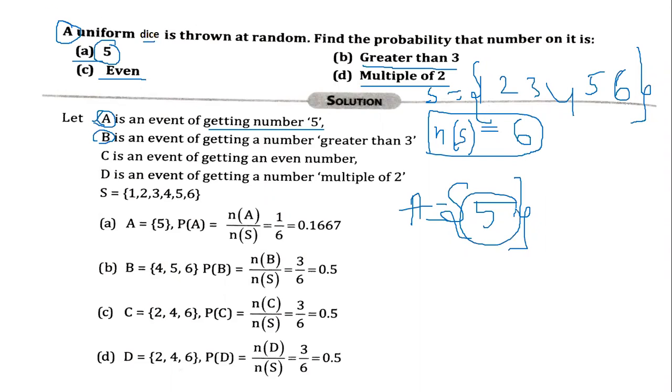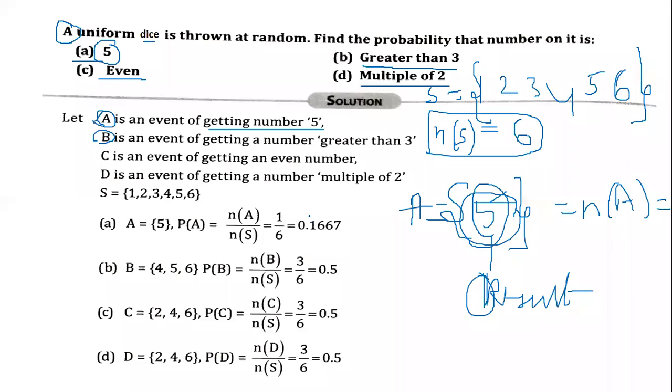Because there is only one number. So n of A is equal to 1. I am supposed to get 5 when I roll the dice. So how many results are there? There is only one result. So that is why n of A is 1 and n of S is 6, and we understood the probability of getting 5 is 0.1667. So this is the first sub question.